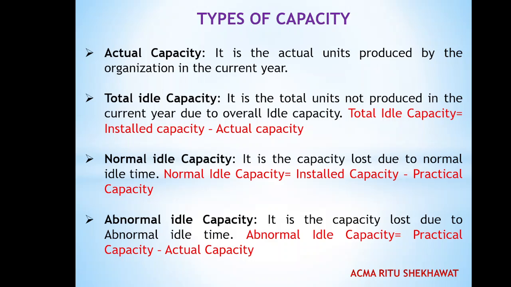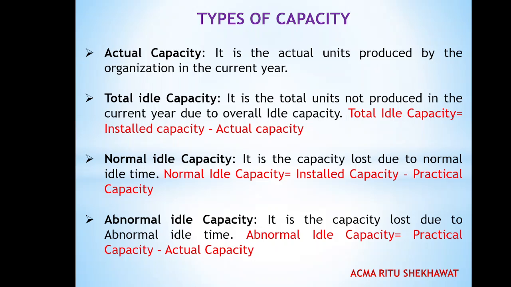That is not at all true, because installed capacity is much bigger, that is the full capacity of the machine, and normal capacity is much lesser, as we remove plant maintenance from the normal capacity and also consider utilization.